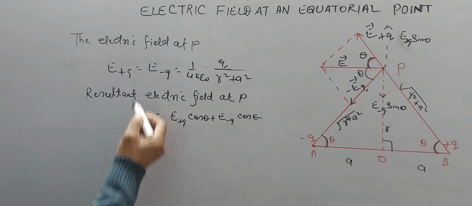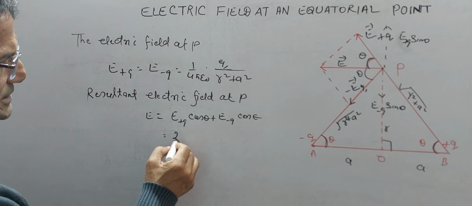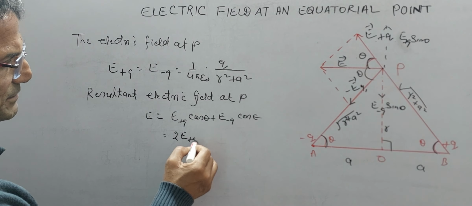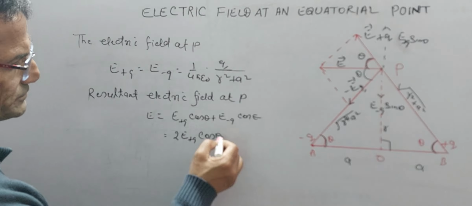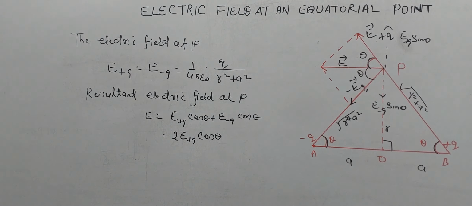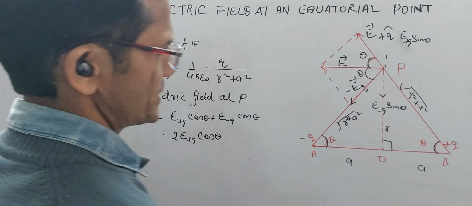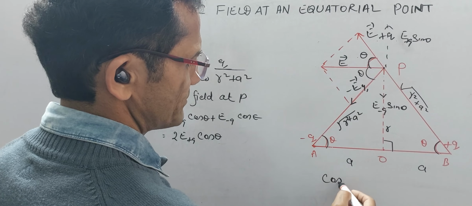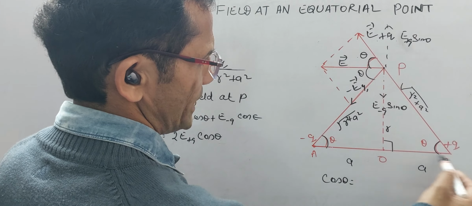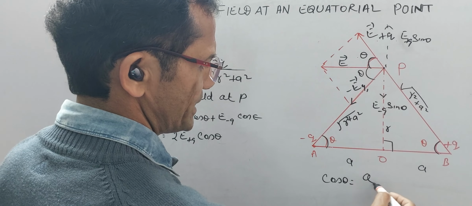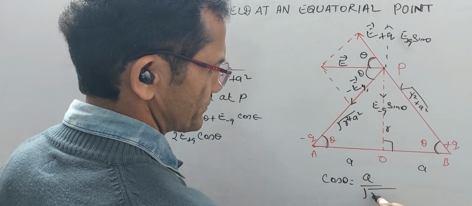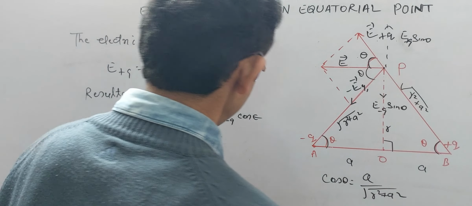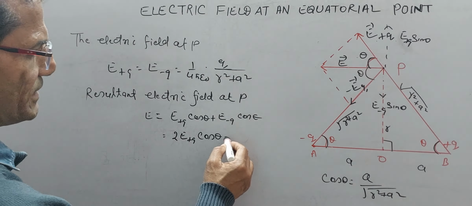E plus Q and E minus Q are the same, so we can take twice E plus Q cos theta. Now place the value of E plus Q and cos theta. Cos theta we have to calculate from here. Cos theta has the value a divided by the hypotenuse, a upon the square root of r square plus a square.